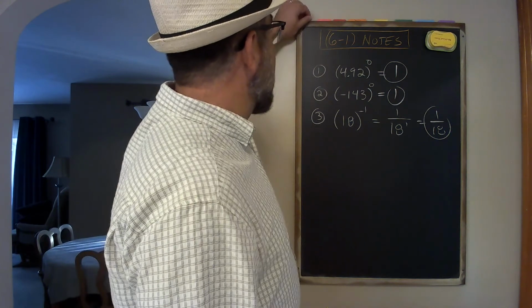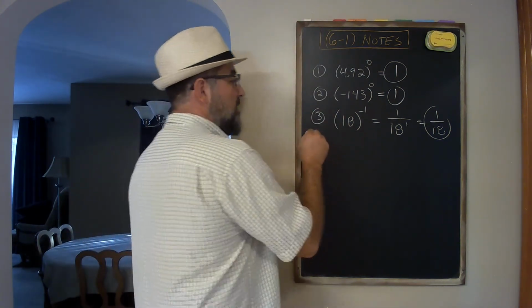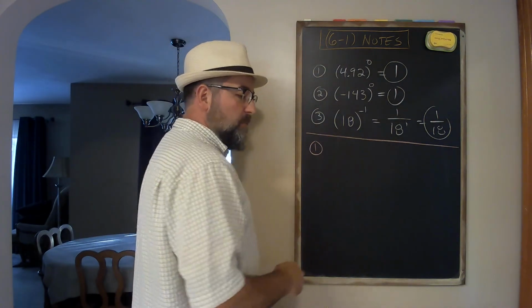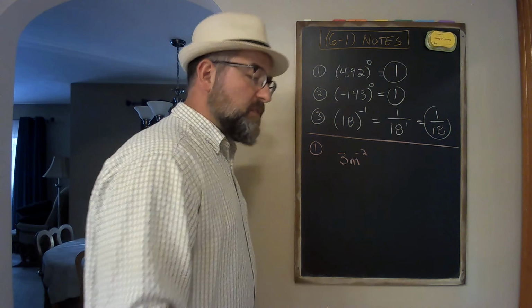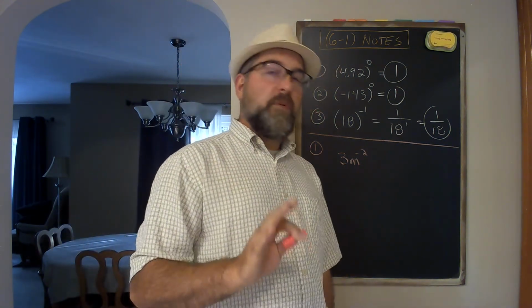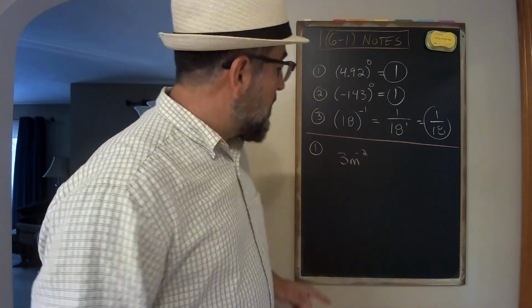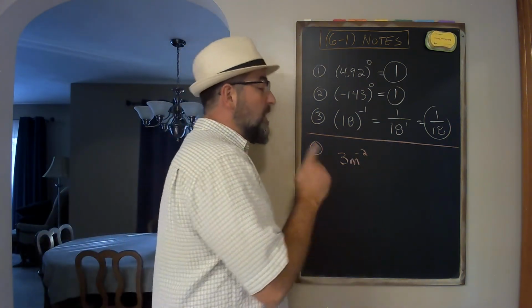Then the next examples get a little more crafty. So the next set starts with number 1, and here we see 3m to the negative 2. The directions say simplify each, and use only positive exponents in your answer. So we see a negative exponent. We have to deal with that. Now be careful.